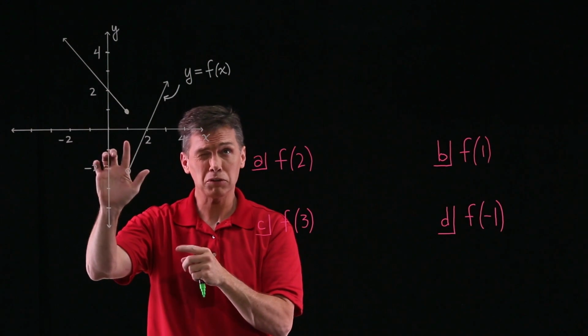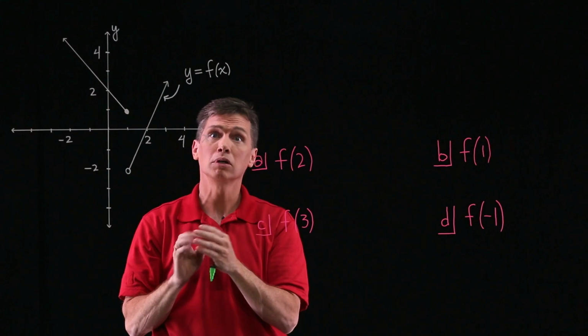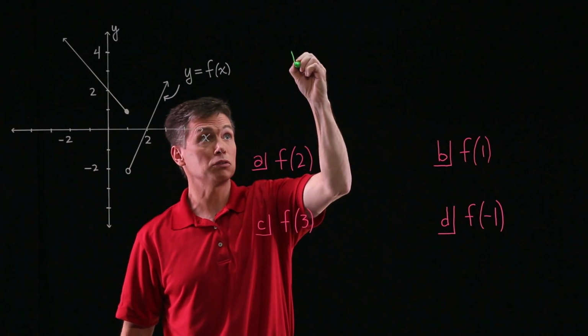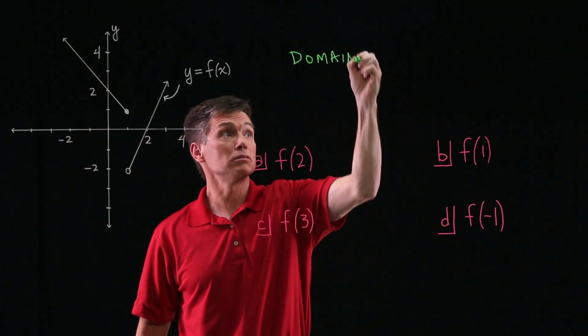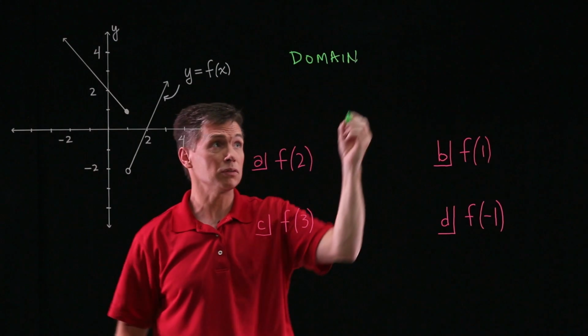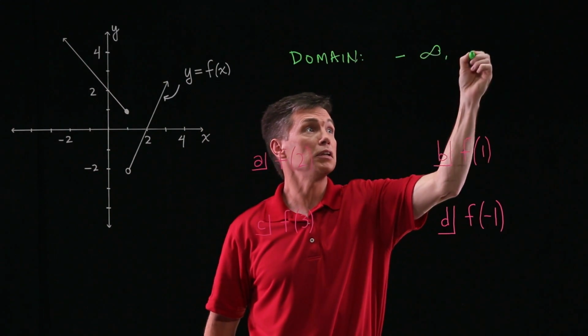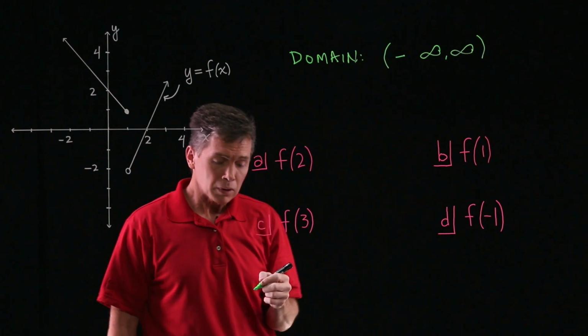And so there are no places where x doesn't have a corresponding y value. Look for those though. So for me, everywhere is covered, so my answer for domain is going to be the entire real number line for x. So I could say negative infinity to infinity, as an interval.